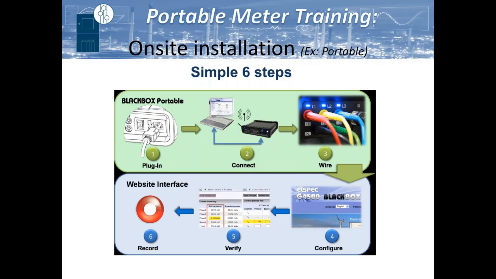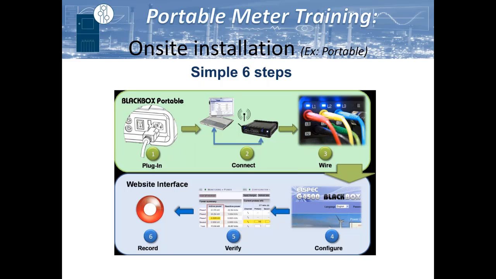So those are basically the specs and everything of the 3 meters. As I mentioned, the Pure does not require any setup. So we're going to go over setting up the 4500 for an on-site installation. The setup is actually very simple. You plug it in to power it up. You turn it on.